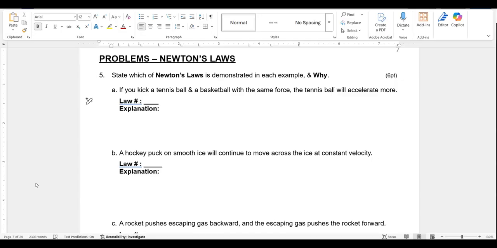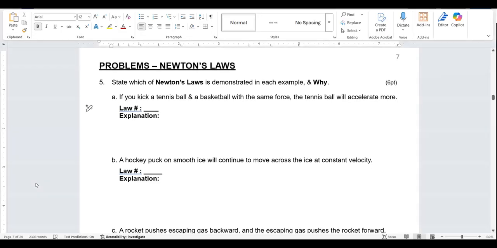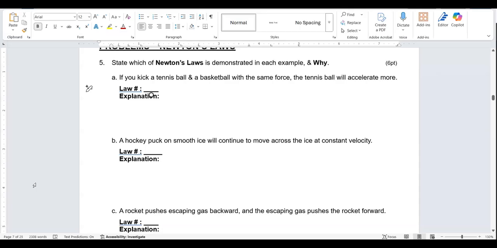You apply the same force to two different masses, you're going to get two different accelerations. And the basketball has more mass than the tennis ball. The one with less mass, the tennis ball, will accelerate more if you use the same force on it. And this is a version of Newton's second law.